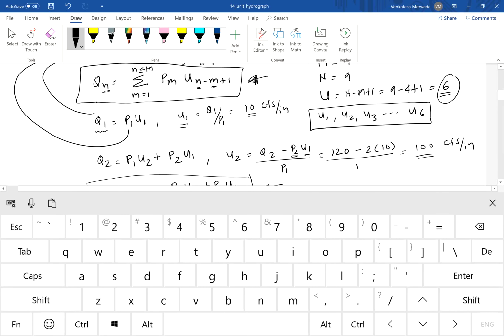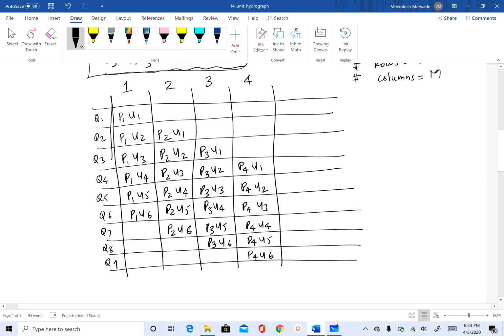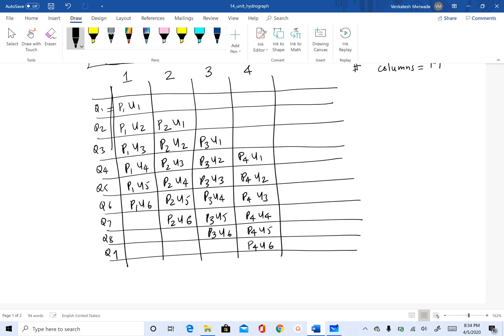Now the way I'll read this is, Q1 is equal to P1 U1, Q2 is equal to P1 U2 plus P2 U1, Q3 is equal to P1 U3 plus P2 U2 plus P3 U1. We don't need a plus sign here.